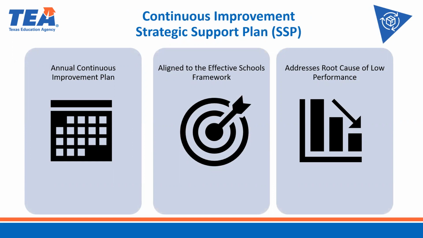The SSP is a tool used annually as part of the LEA's continuous improvement process to prioritize essential program elements, clear timelines, milestones, metrics, and task owners. When implemented with fidelity, the SSP will cultivate an environment that promotes student outcomes while addressing the root causes of low performance related to RDA determination levels.